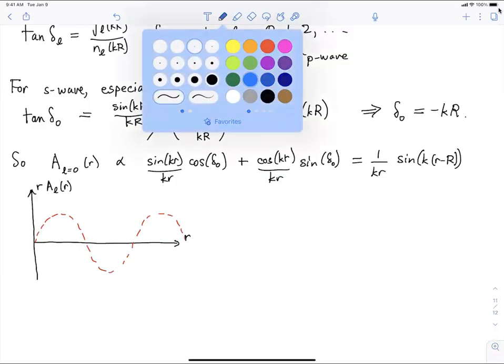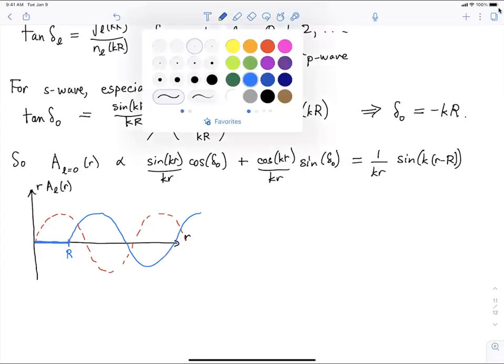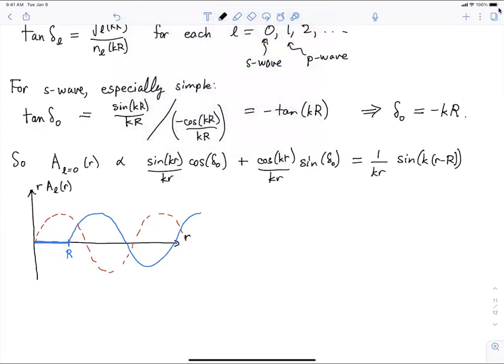And so now what's going on is that if that's the point r, then the wave function is forced to be 0 everywhere inside the hard sphere where you can't go in. And then it just does the sine function. It just gets shifted out, and that's why it's called the phase shift. So the red lines here are if no potential.